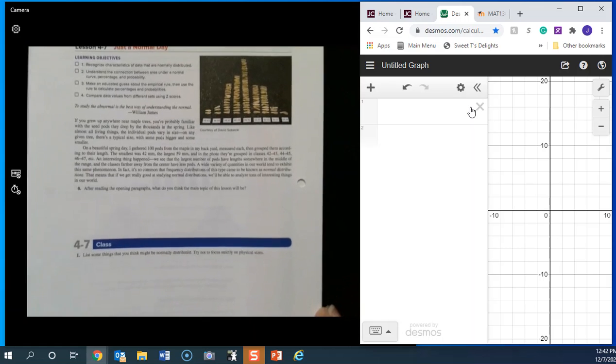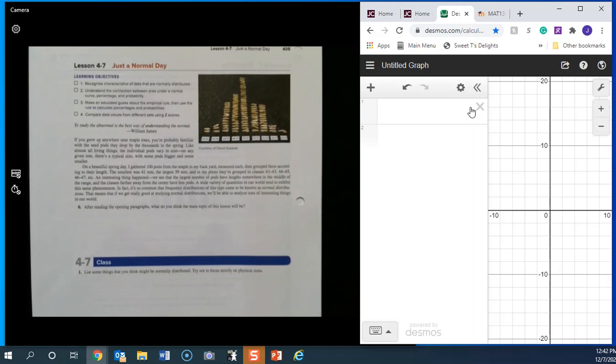So, lesson 4.7, it says just a normal day. Learning objective is to recognize characteristics of data that are normally distributed, understand the connection between area under a normal curve, percentage and probability, make an educated guess about the empirical rule, then use the rule to calculate percentages and probabilities.